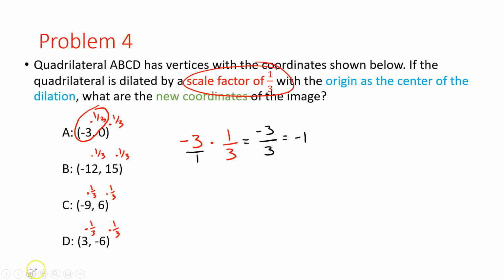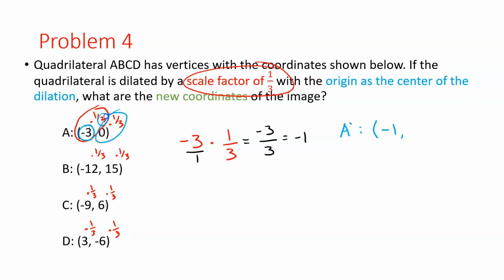Okay, so right there, we're going to end up with A prime, at least for the x value, that is going to be -1. The shortcut really is take your number, and whenever you multiply by like 1/3, 1/2, 1/4, 1/5, you're really just dividing by that denominator, right? -3 divided by 3 gave me -1.